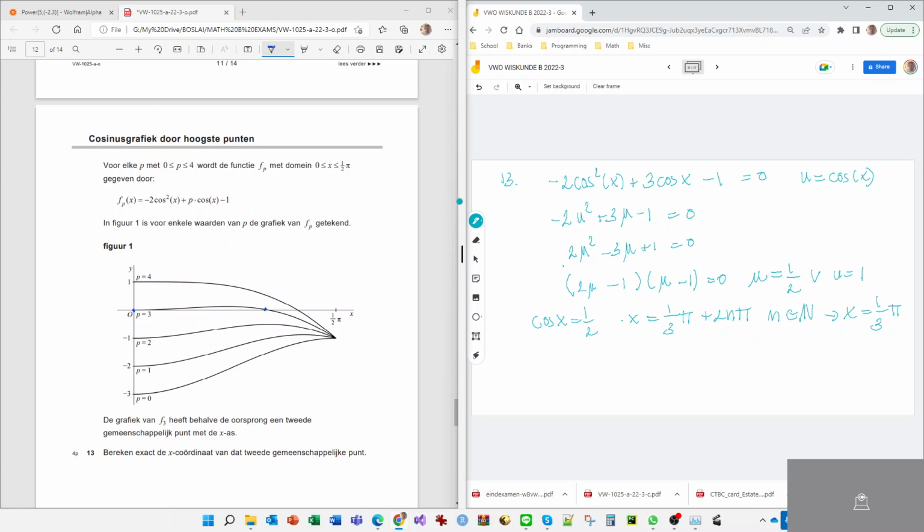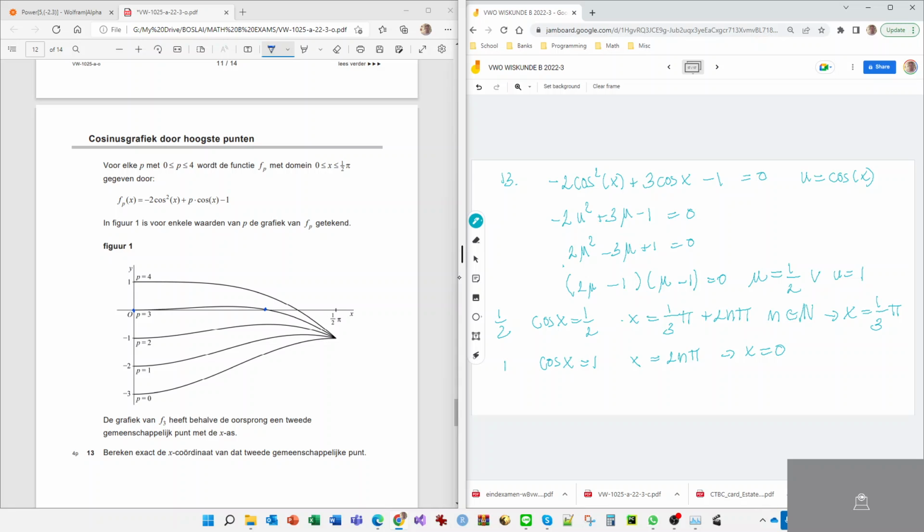And u is 1 means the cosine of x equals 1, which basically means x is 2n pi, and that in this domain means x equals 0, but that's the one they already stated.